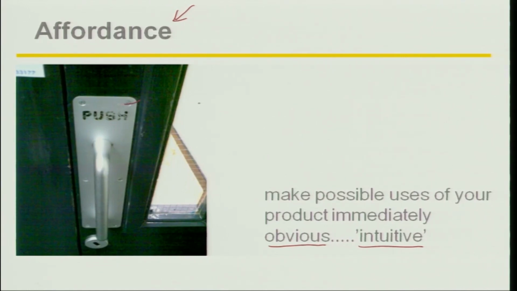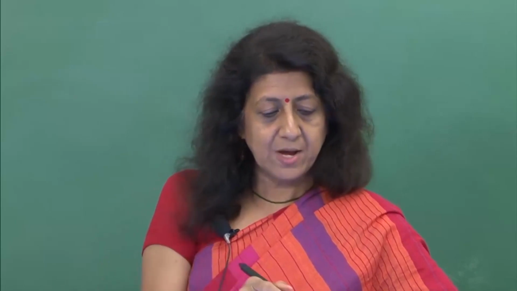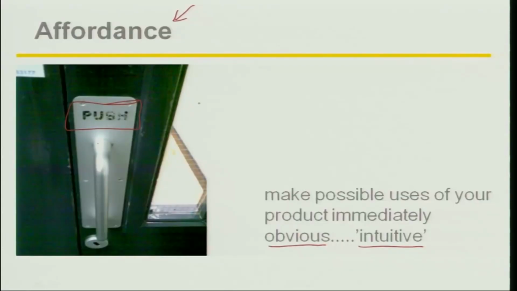So this is the instruction manual of the door handle. Why do we need an instruction manual, right? Why do we need next to the lift where it says push up to go up, push down to go down, right? So this is not readily apparent, what we are supposed to do with it.